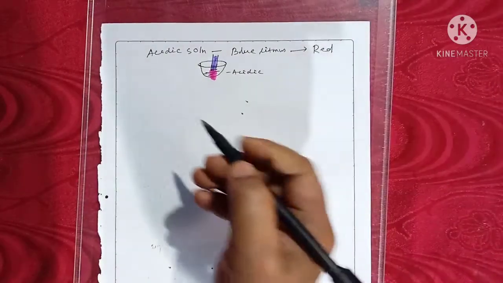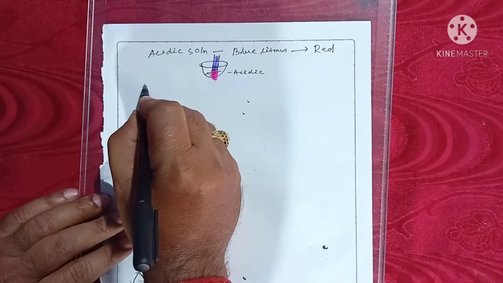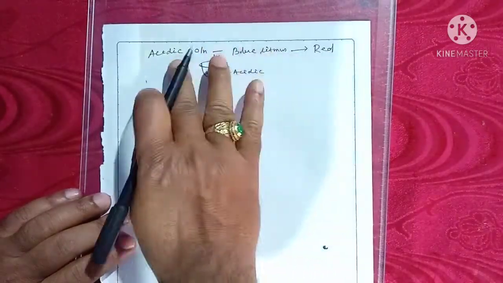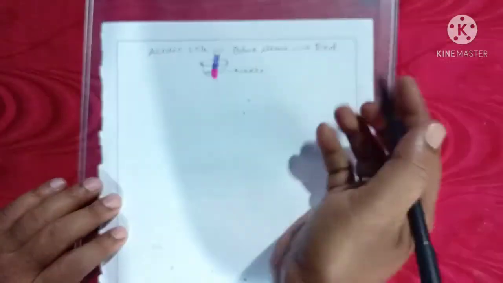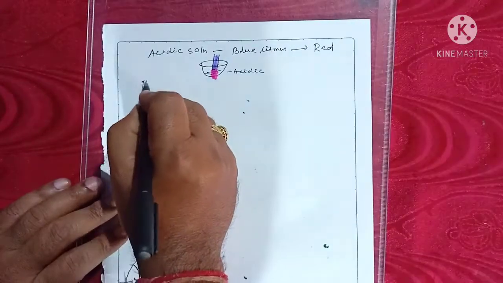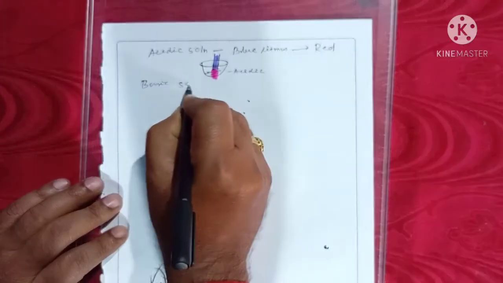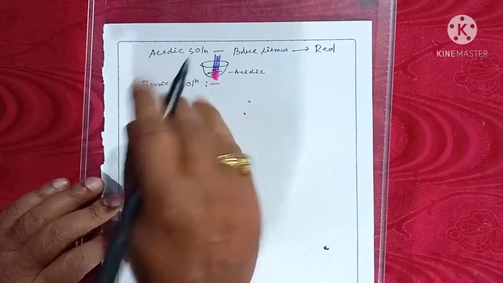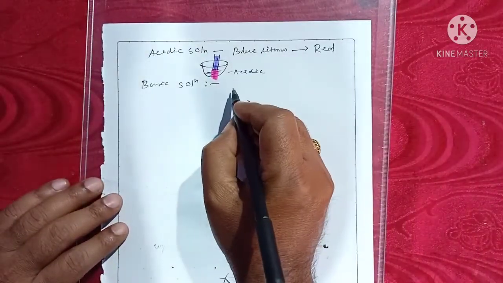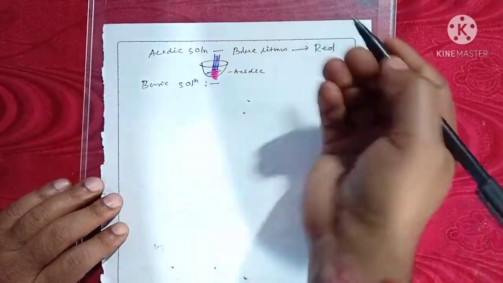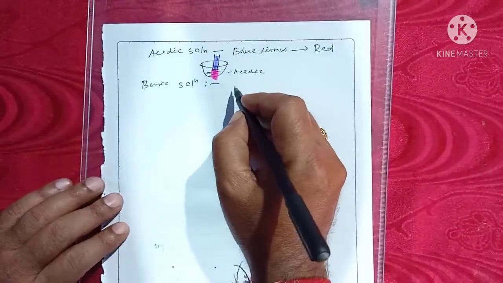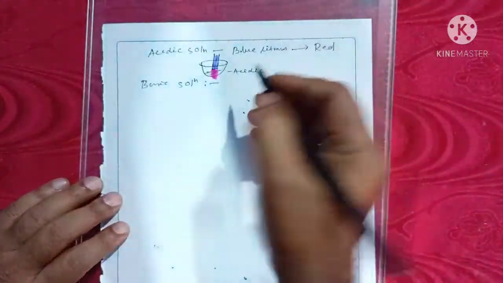Okay. Similarly, when we are taking lemon water or vinegar solution, whatever may be the acidic solution, these are acidic solutions. So basic solution: the soda water or your detergent or soap solution, washing powder solution.